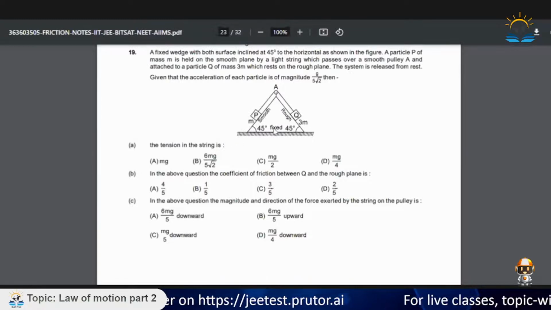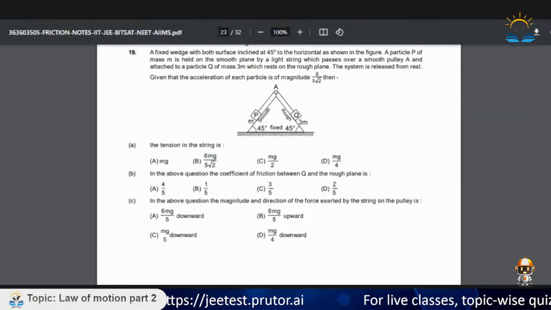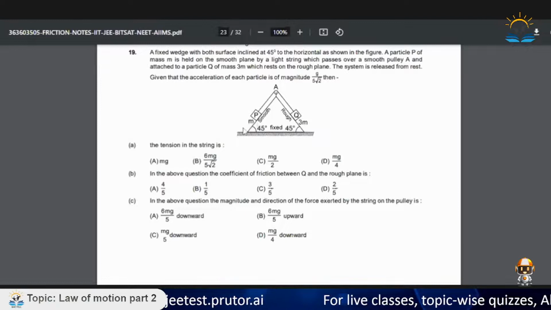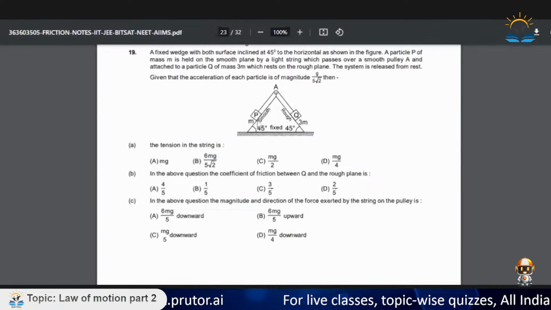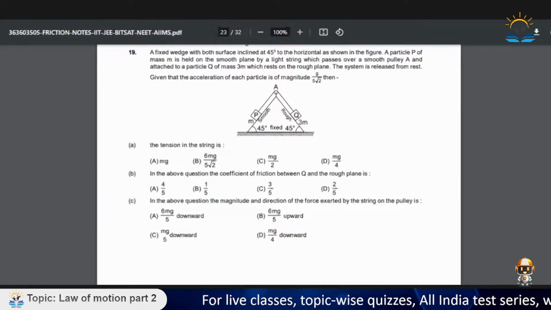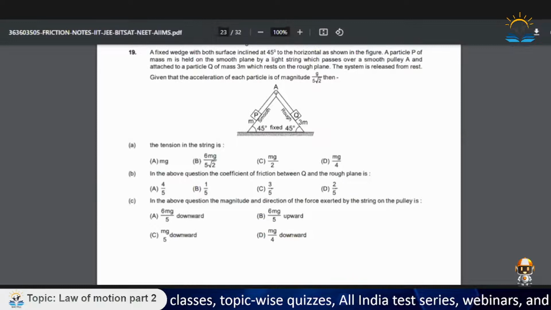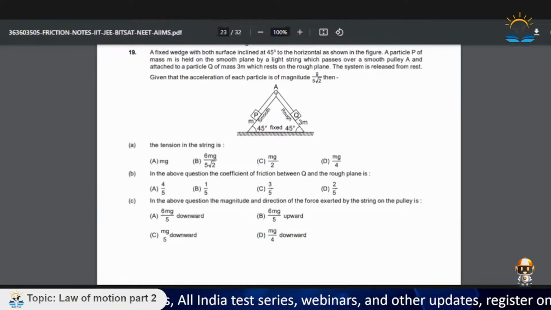So let us say there is a tension T in the string. Here the only driving force is tension and the weight. So for this an equation can be written as T minus mg sin 45 degrees is equal to mass into acceleration, that is basically g by 5 root 2.